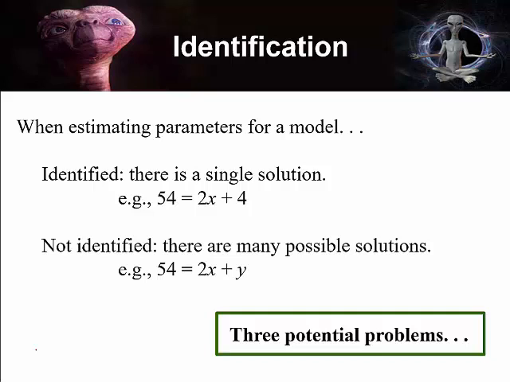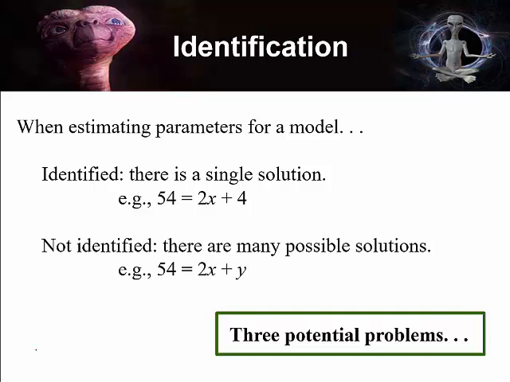So for the first question, what does it mean to say a model is identified? To say a model is identified says that when we do our confirmatory factor analysis and we get parameter estimates, there is just one single solution that produces the best fit for our model. So if we can identify values for our parameter estimates, and those values produce one single solution that has the best fit for our model, then the model's identified.